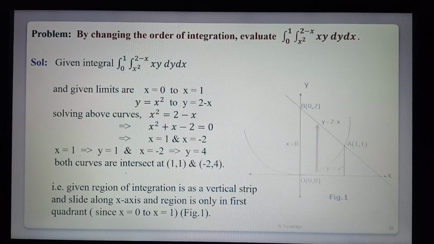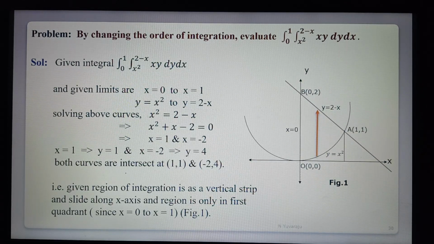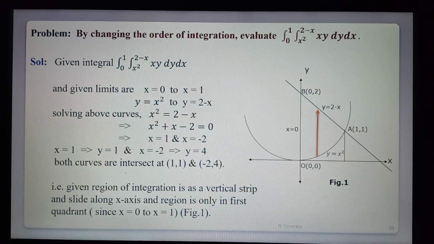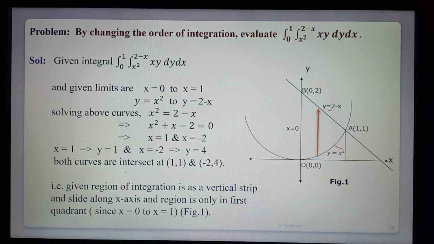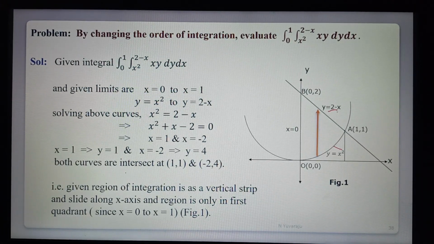See figure 1. Observing the given graph, this is the curve y is equal to x square and this is the curve y is equal to 2 minus x. Both curves intersect at 1 comma 1 and at minus 2 comma 4, but that is in the second quadrant, so we do not take it. We take only the point 1 comma 1 and the point 0 comma 0, and this line intersects the y-axis, where x is equal to 0, at the point 0 comma 2.